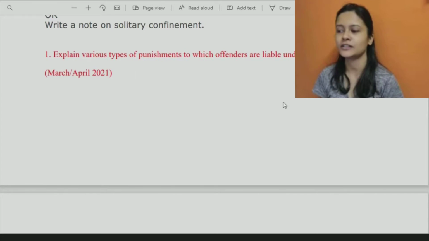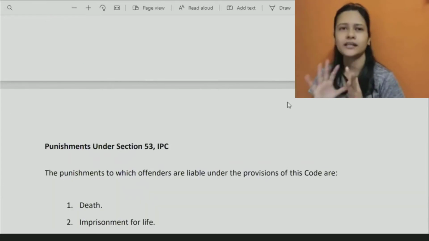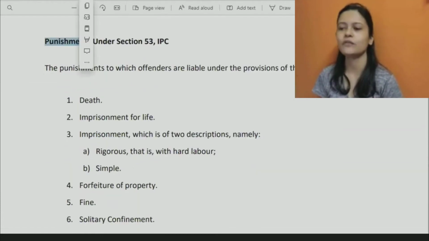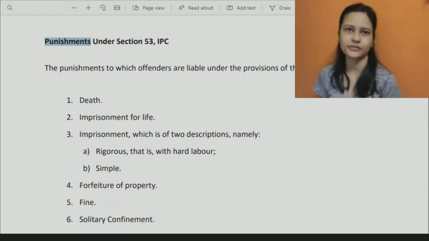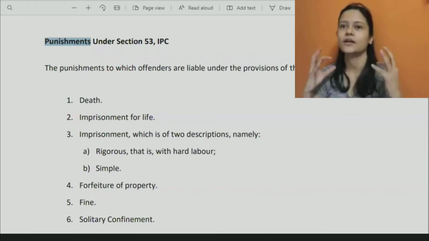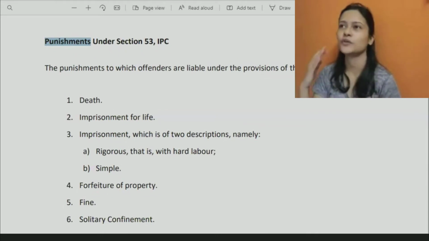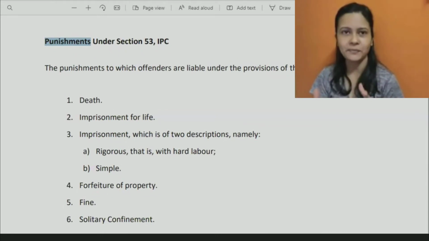Okay, so now we'll discuss this. In general, why are punishments given to offenders, to criminals? There are certain theories on that also: what is the purpose of giving punishment? Is it because we want to prevent that person from repeating something similar?